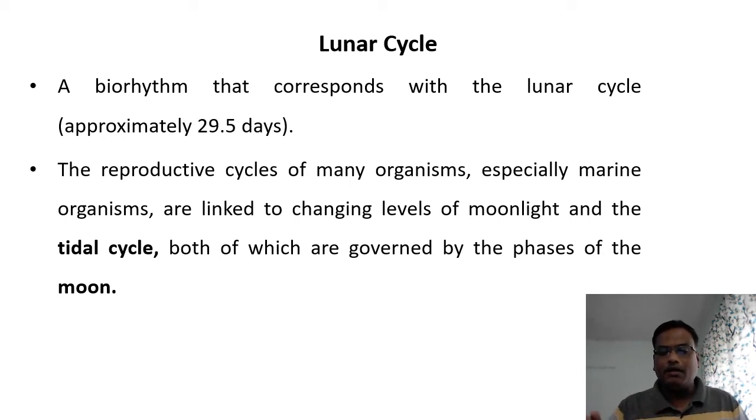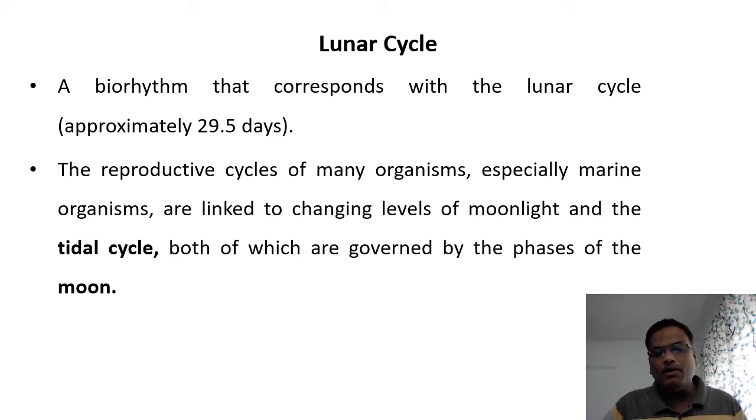After the 15th day, after full moon, again the moon starts waning. So the size of the moon goes on becoming less and less. And at the end of the month, again there will be a new moon day. So like this, the cycle of new moon and full moon is completed in approximately 1 month.